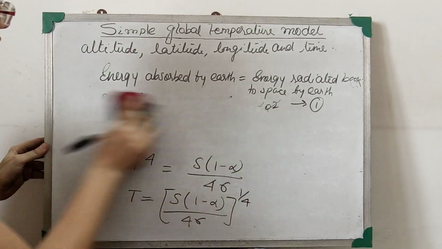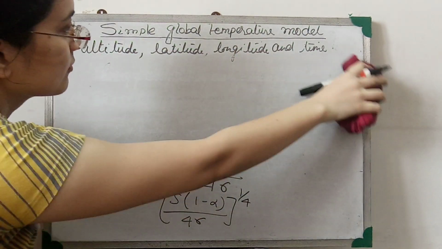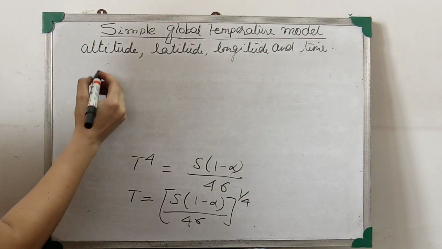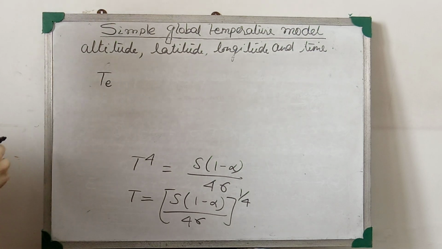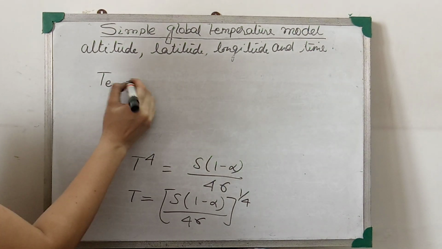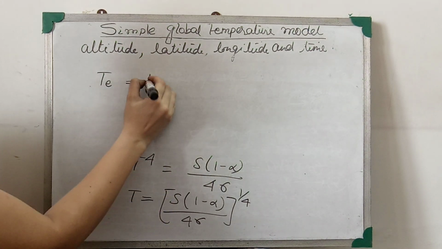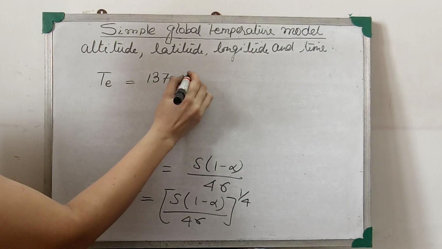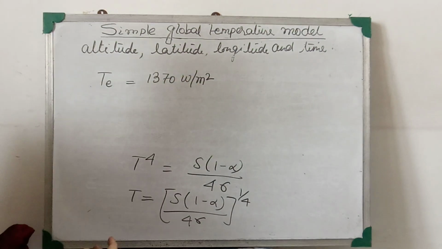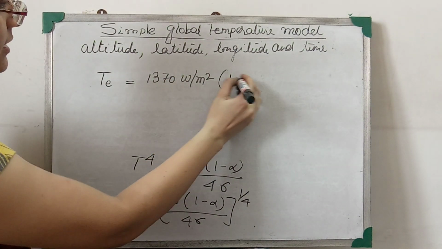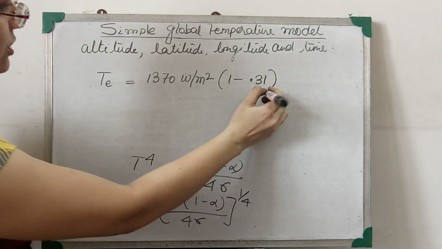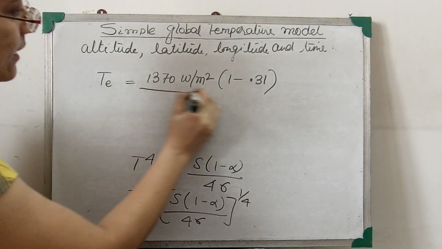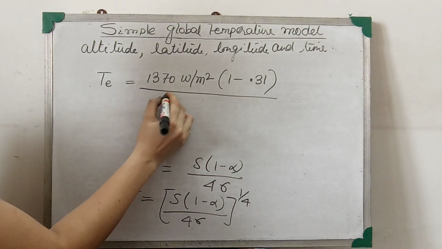Now we will put in the values of the quantities. We will represent the effective temperature of the Earth black body by TE, which is equal to the solar constant value, 1370 watt per meter square, into 1 minus alpha. Alpha is a fraction, that is 0.31, divided by 4 sigma.